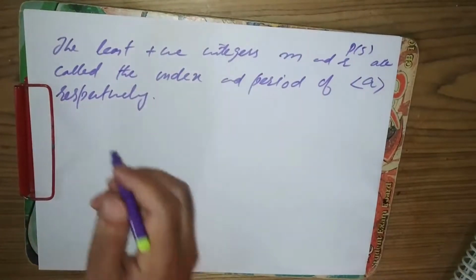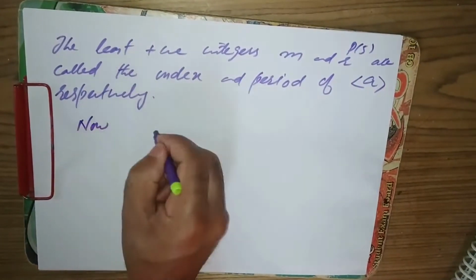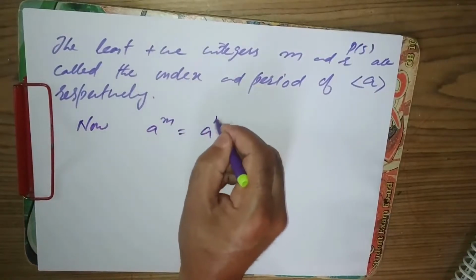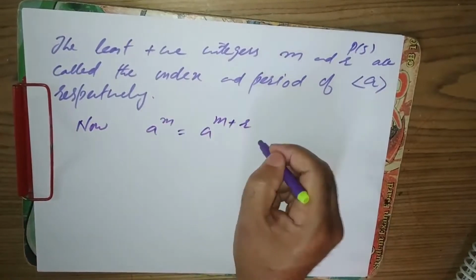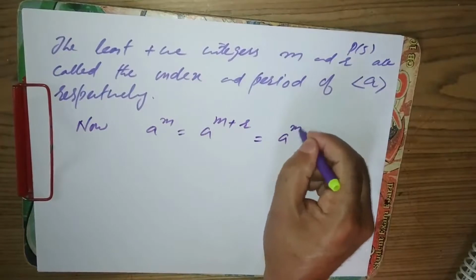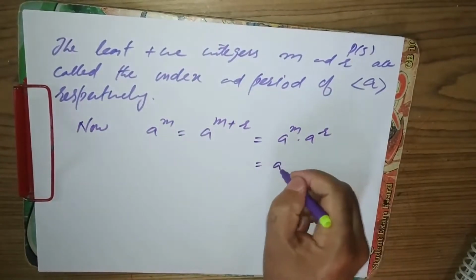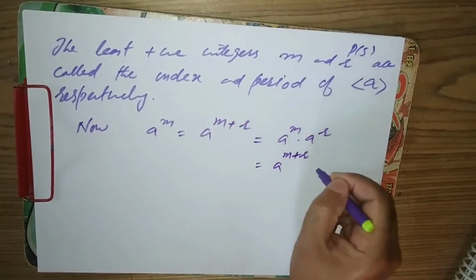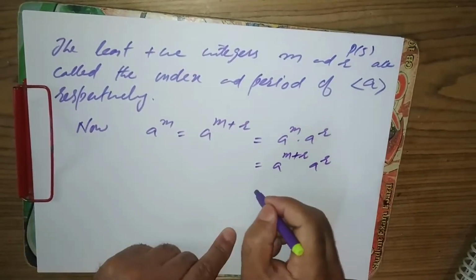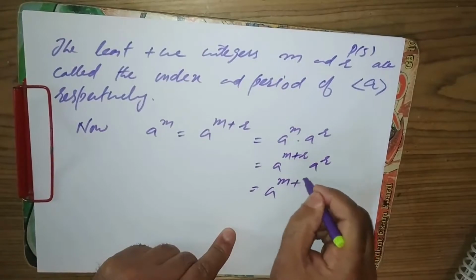So now we have this. Now a power m, which is equal to a power m plus r, is equal to a power m into a power r. A power m is again equal to a power m plus r, and a power m plus r into a power r is equal to a power m plus 2r.